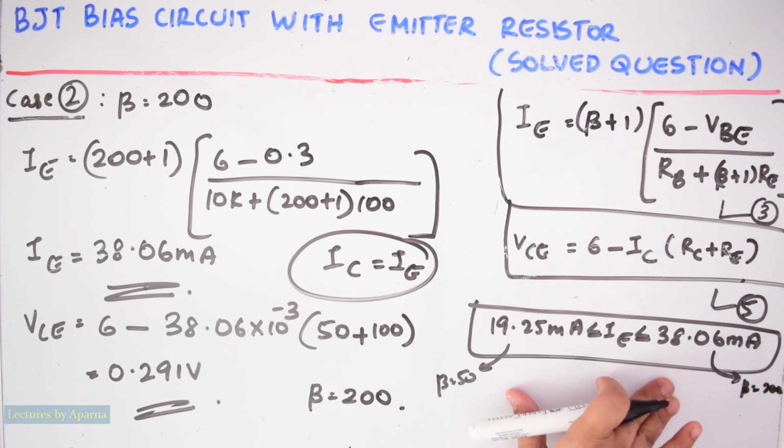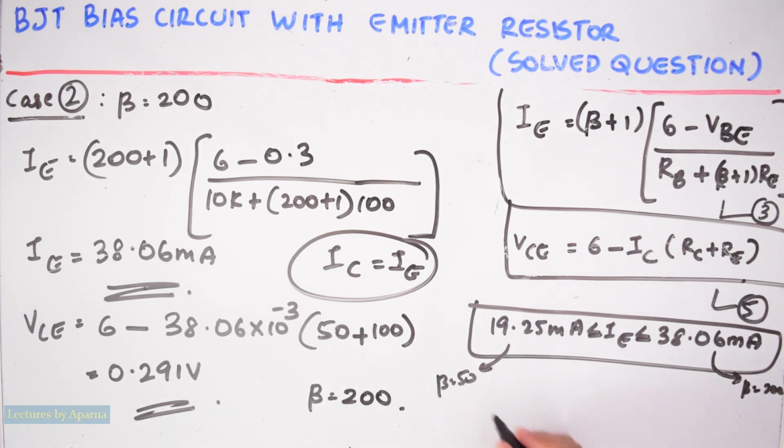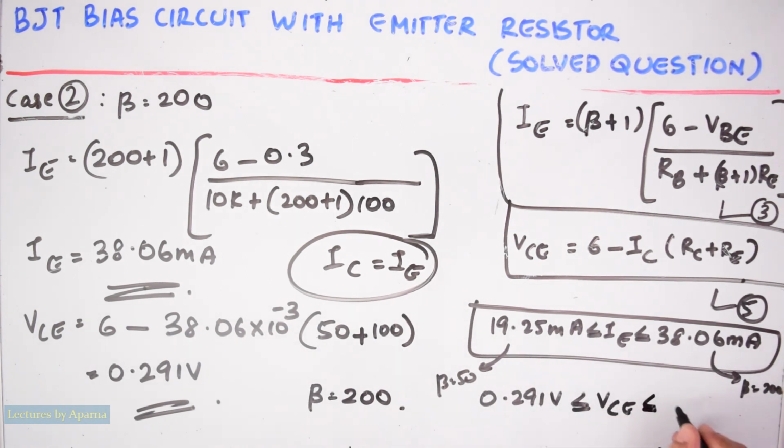So this will be the range of IE and the range of VCE will be 0.291 volt less than or equal to VCE less than or equal to 3.1125 volt. So this is the value of VCE for beta equal to 200 and this is the value of VCE for beta equal to 50. So this is how you solve a question like this.